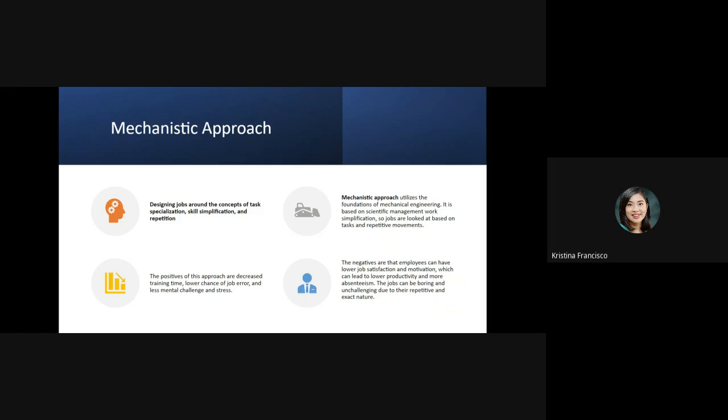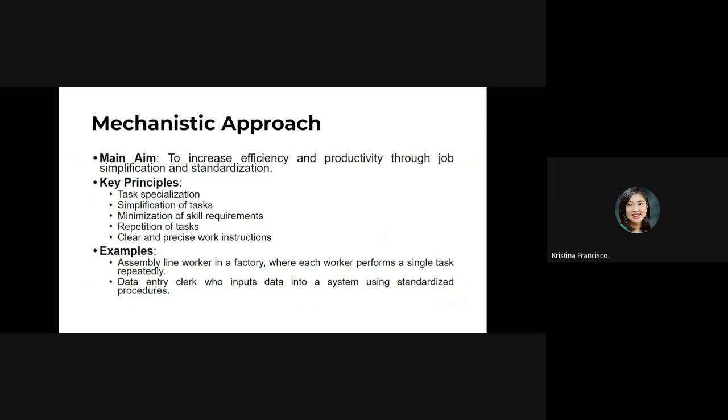This approach is based on the early 1900s concept of scientific management developed by Frederick Taylor. Here we are designing jobs to fit into a mechanistic organizational structure rather than the opposite end of the continuum, an organic structure.